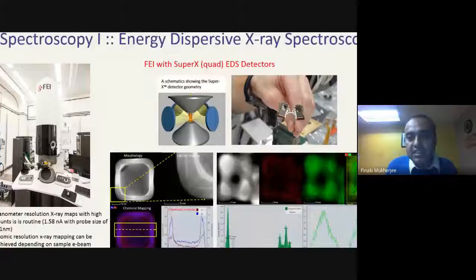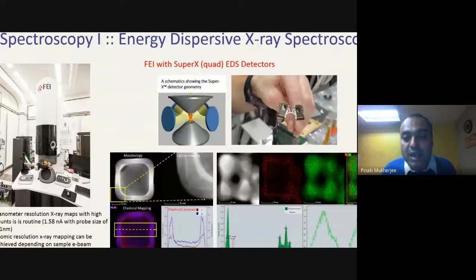Since the probe is precise, we know from where that X-ray has come. So we can collect that X-ray using X-ray detectors, and the modern X-ray detectors have 4 or even 16 valves to count those electrons. X-rays, sorry.